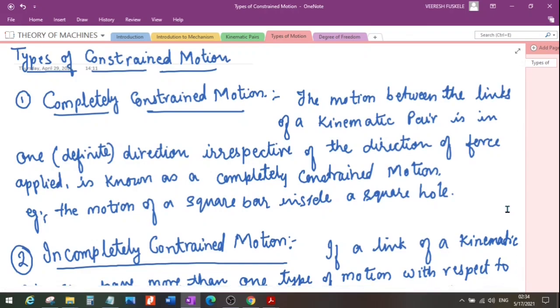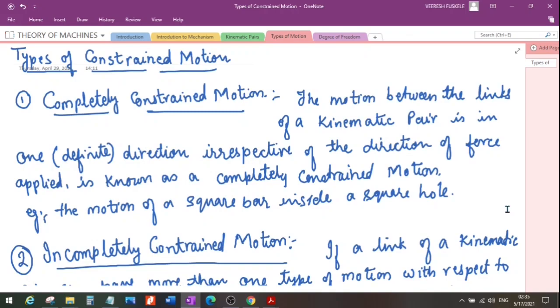So the motion at the output should be definite, and that means we should be able to predict it. Whatever input motion we give to a particular link, we should be able to predict the motion that we'll get at the output. Only then will we be able to design the mechanism effectively, right?